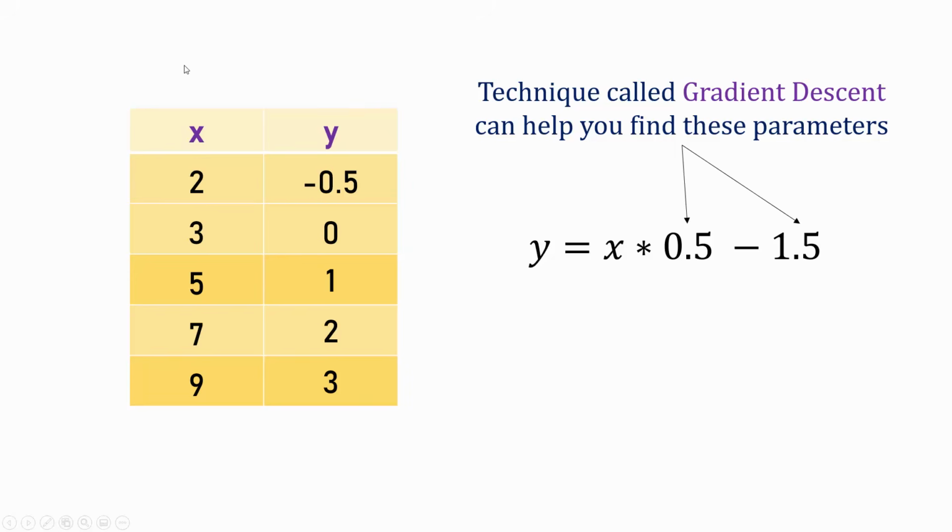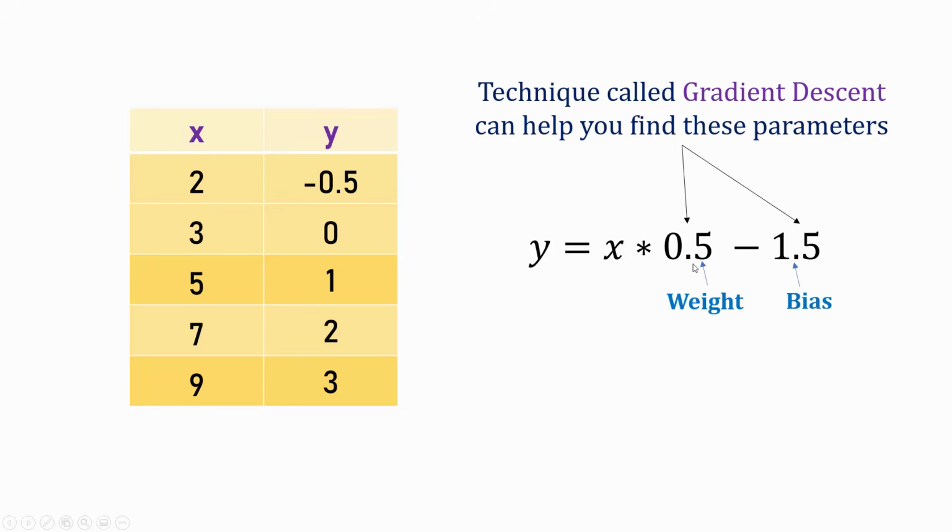So you will often have this type of table. And then gradient descent, all it does is it finds the relationship between these two. This is also called a prediction function, so that tomorrow if you have a new value for x, let's say 11, you can put that into this equation and find out the value of y.